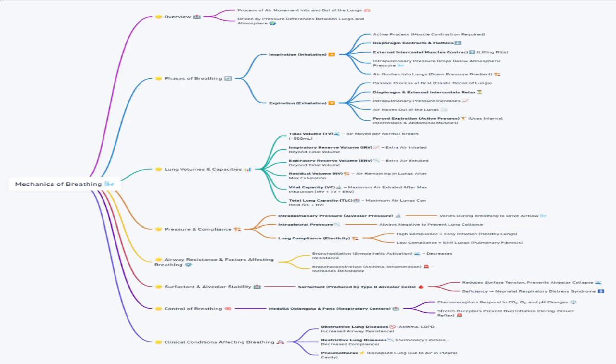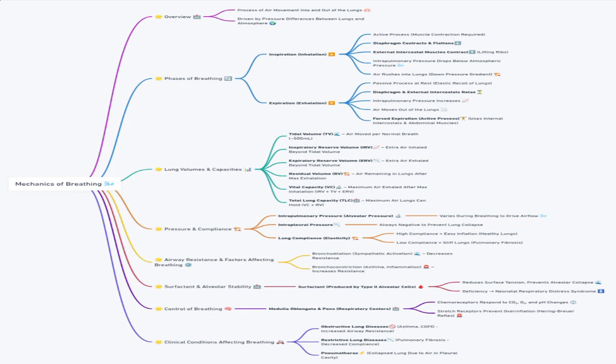So before inspiration, you realize that there's a recoil. You have this -5, and during inspiration the lung expands and the intrapleural pressure goes lower than -5, to about -6 to -8.